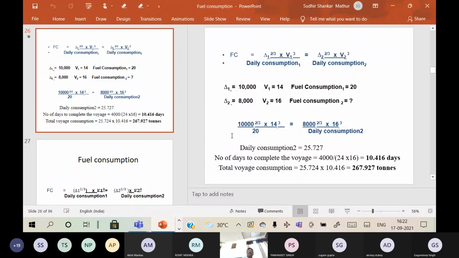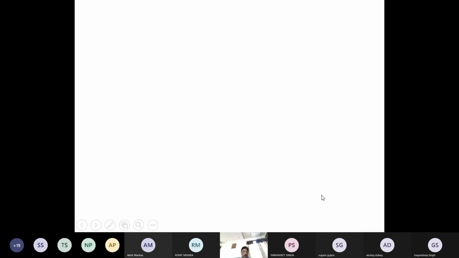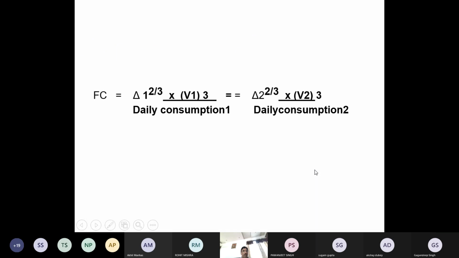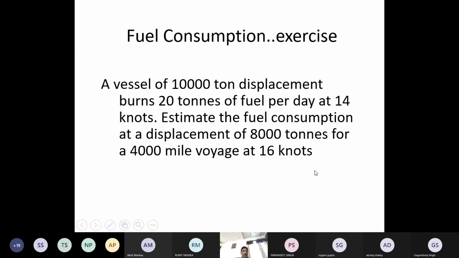So this can be done in two ways. One is using the voyage consumption formula. Voyage consumption formula you can use. Also you will get the same answer. Let us see how you can use it. Now daily consumption you have already used. If I use the voyage consumption formula, what is the voyage consumption formula?